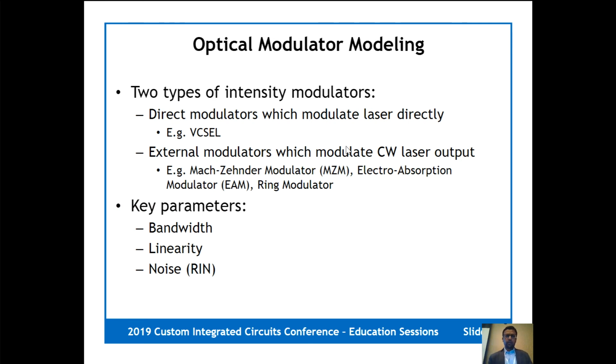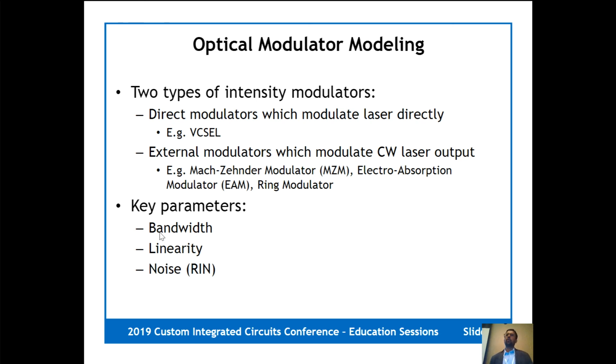So I'll not go too much into the modulator modeling because I think the subsequent talk by Professor Azita will talk about that. But from a modeling standpoint, the key parameters here are obviously the bandwidth of the modulator, the linearity, which is usually a matter of how much nonlinearity you can tolerate with optical modulators, and then the noise that they introduce.